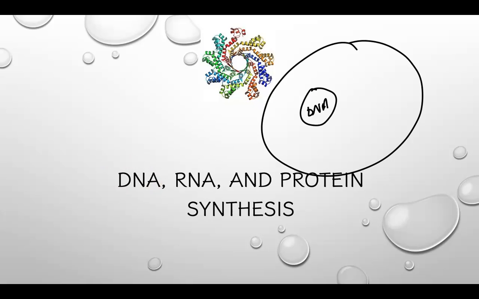DNA is in the nucleus, but proteins are made in the cytoplasm, and the DNA cannot leave the nucleus. So there has to be something that can copy the code for the protein from DNA, leave the nucleus, and go to the cytoplasm to make protein. And that is a molecule called RNA. So that's the broad stroke, big picture.